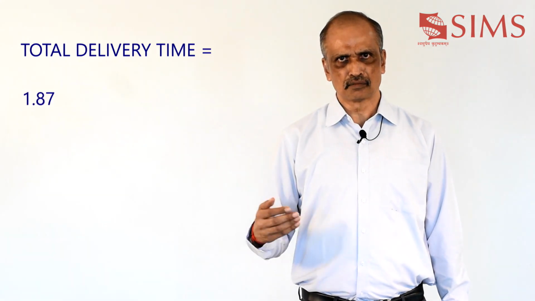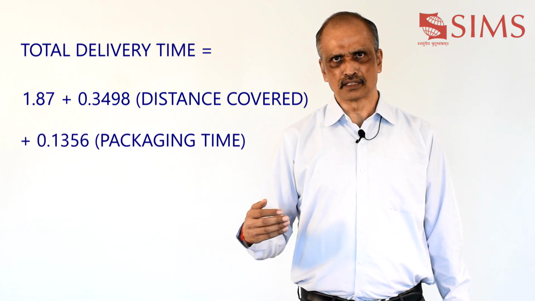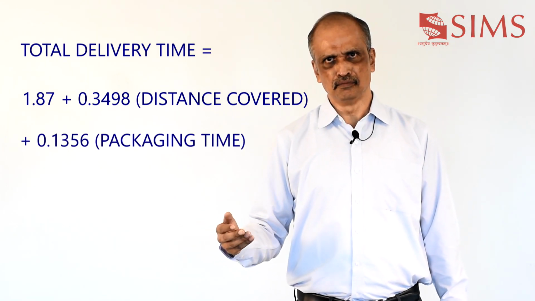Now how do we interpret a multiple regression equation? Let us take the example: total delivery time is equal to 1.87 plus 0.3498 distance covered plus 0.1356 into packaging time.